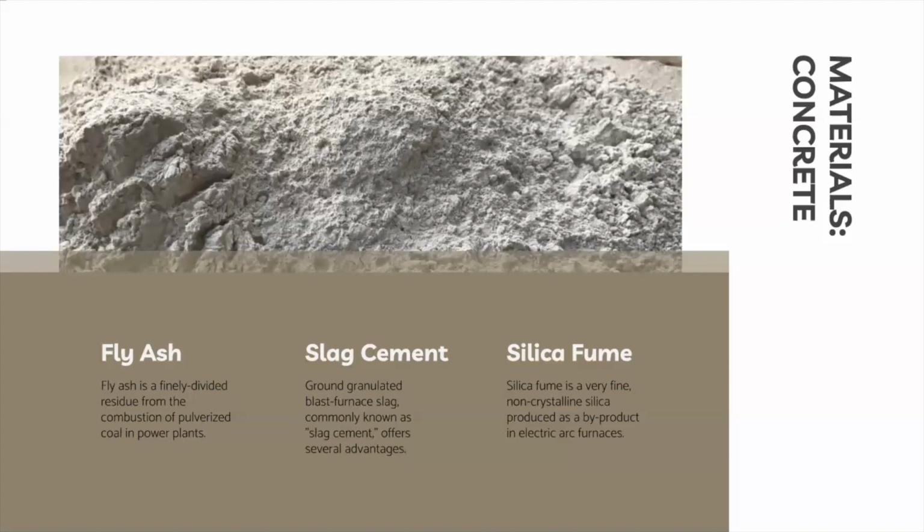Silica fume, a byproduct of electric arc furnaces, enhances early age strength and decreases permeability, but it can increase water demand. Care should be taken to ensure the availability and compatibility of these materials before specifying them in concrete mixes.